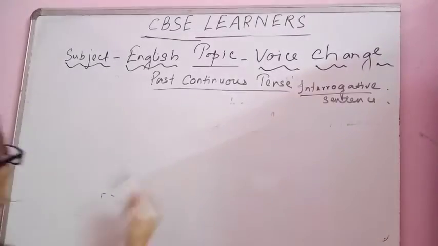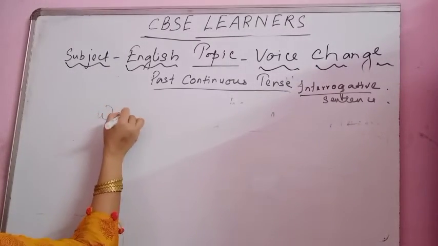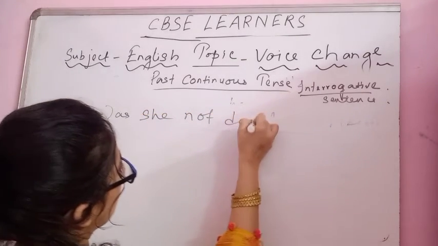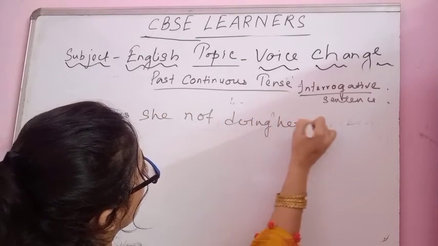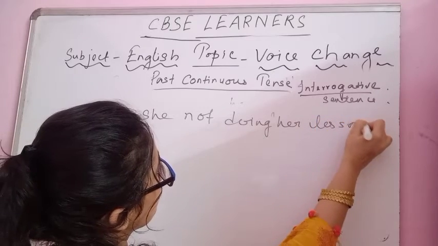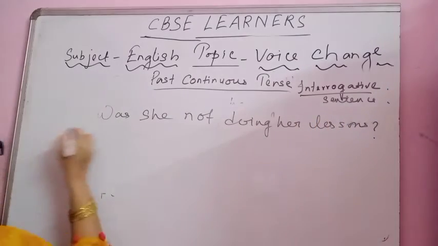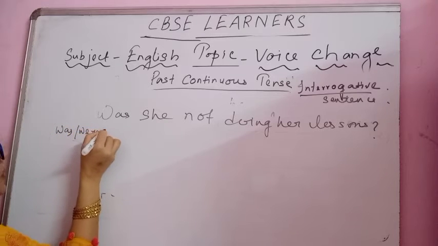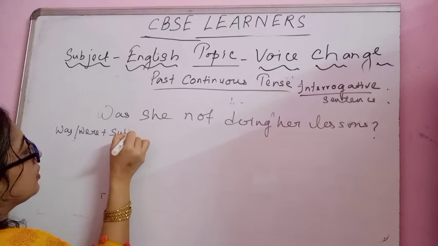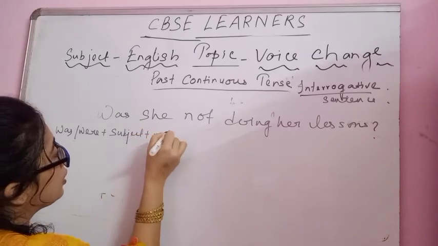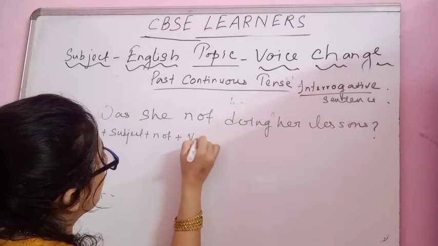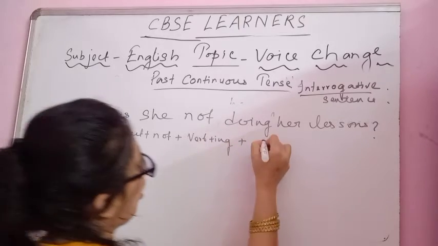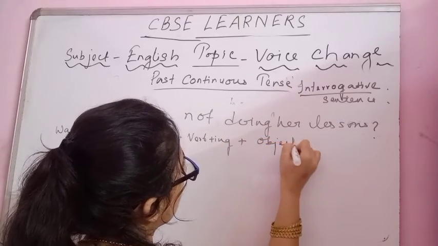Or you can say, wasn't she doing her lessons, or was she not doing her lessons? Question mark. It will be was or were plus subject plus not plus verb plus ing plus object with a question mark.